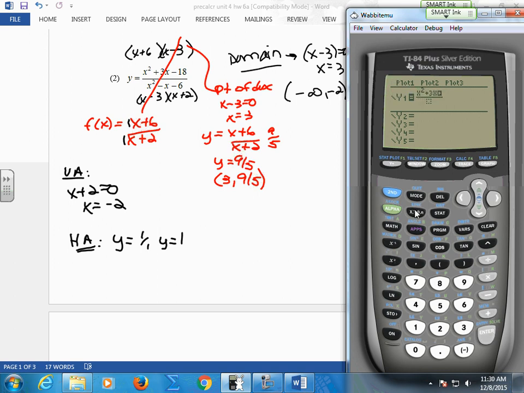Make sure you have your original one. Okay, and I can't see that I can't use 3, right? It's there, but I can't see it. I can clearly see the break at negative 2, right? I just can't see where my other one is.